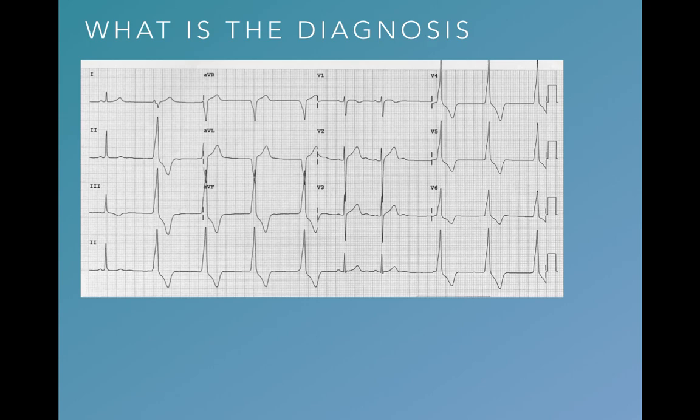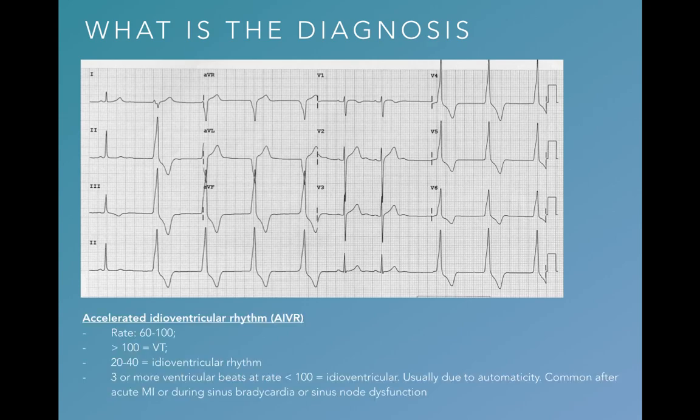But then you also might fight with yourself, say this is on a test, and say, okay, well, normally an idioventricular rhythm should be between 20 and 40, so this is not 40 beats per minute, so what's going on? Well, this is a little tricky, but this is known as an accelerated idioventricular rhythm.